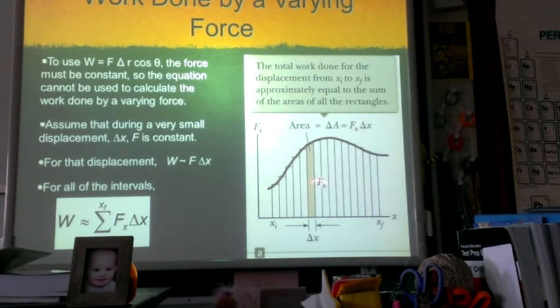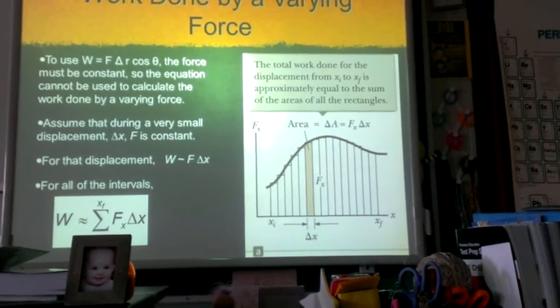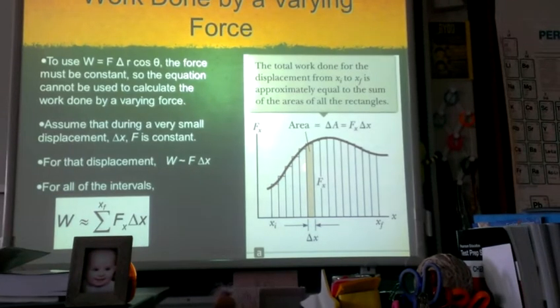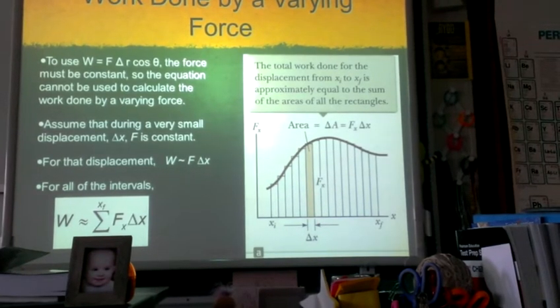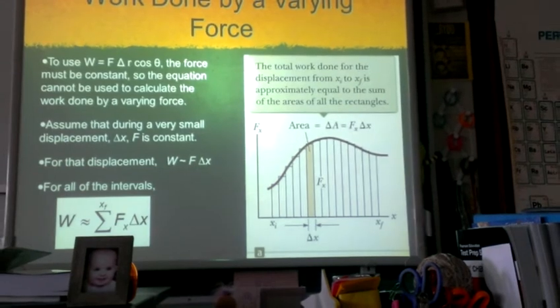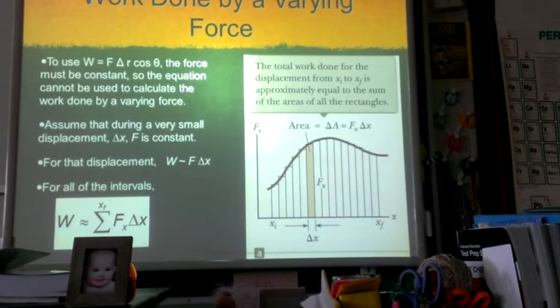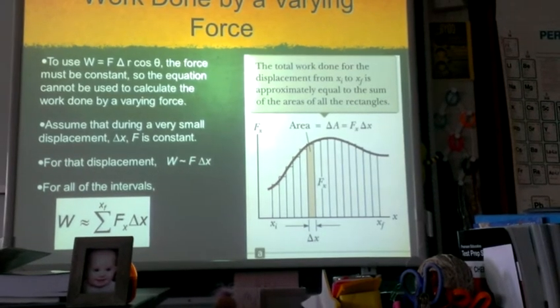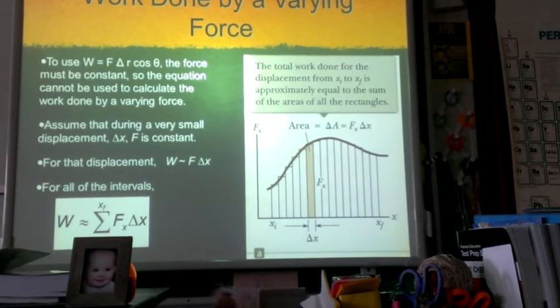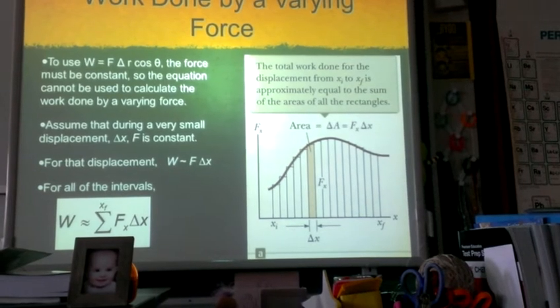So in this graph, all I'm showing is that I'm applying a varying force and a certain amount of displacement. Let's assume that delta x is just a small sliver of the amount of displacement within this applied varying force. And for that displacement, because this displacement is so small, I can say that in this one tiny little delta x, F is going to act like it's constant here.